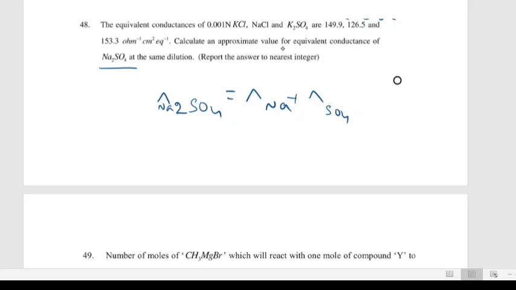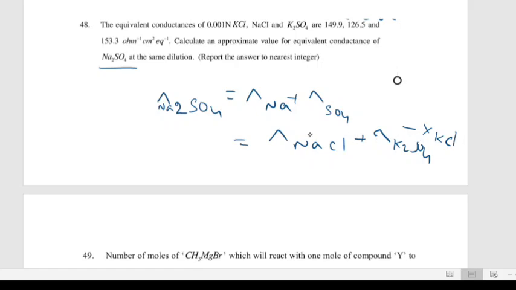And here equivalent conductance of these two ions we need to add, but directly we don't have the values. So what we need to do? We have to add NaCl plus K2SO4, and then we need to subtract KCl from this.